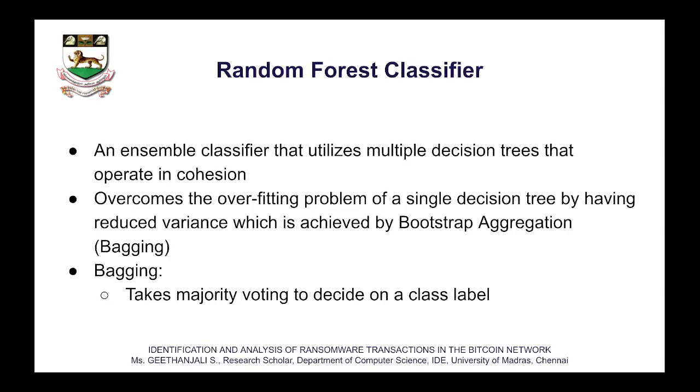Bagging is nothing but constructing multiple decision trees and making each of these trees work on the same data and find the result of the different trees, and majority voting is taken, where the decision of the majority of trees is considered to be the final decision.